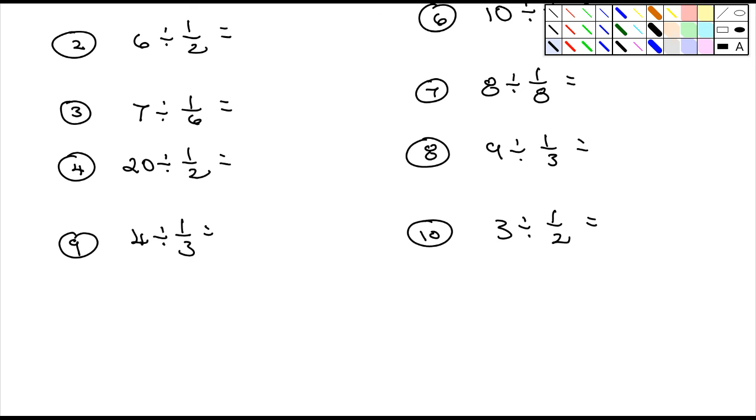So these 2 right here, I want you to model. Model it like I did with some of the problems up above. Okay. So model it and solve it. You got to solve all these. But I want you to model 9 and 10. And we'll check your work on Thursday.